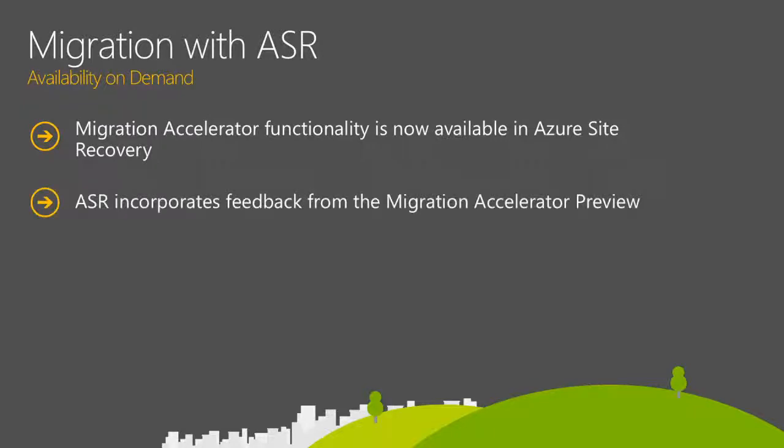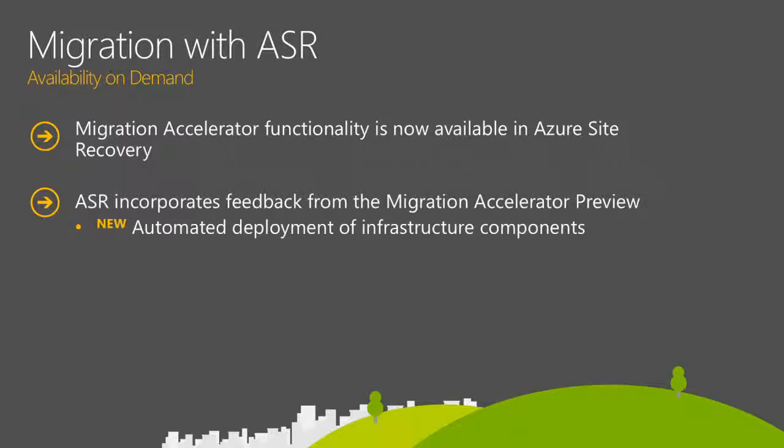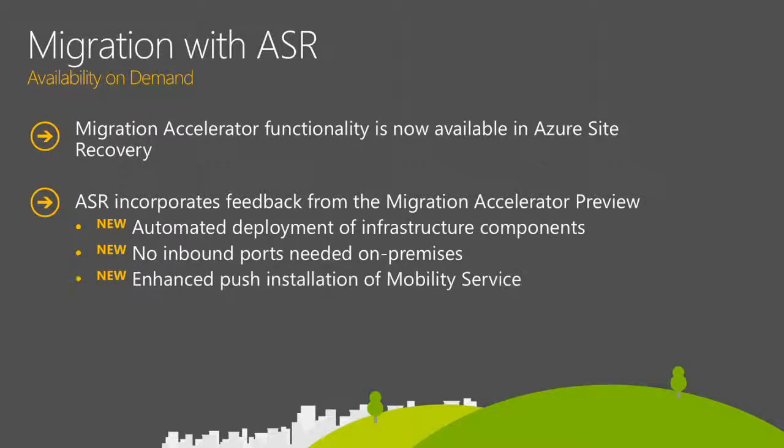It incorporates a lot of feedback from the Migration Accelerator around the complexity, the setup, and so on. A lot of that has been taken into account. The product is a lot more simplified now and means you can replicate and recover a lot quicker. So we automate the deployment of the process server, the master target, the configuration server. Automated. Because before, it wasn't. And that's where the complexity came in, as you were reading through the manual, page after page after page. It's very flexible in terms of what you need on premises to be able to pull the data out.